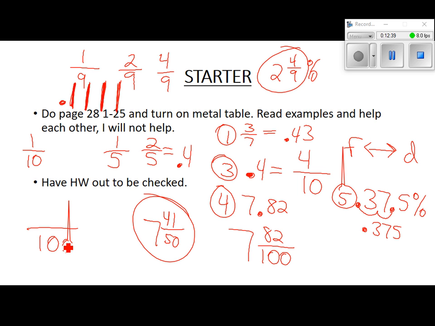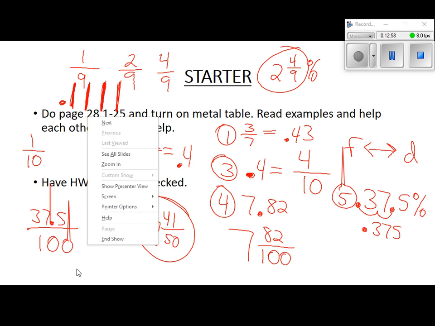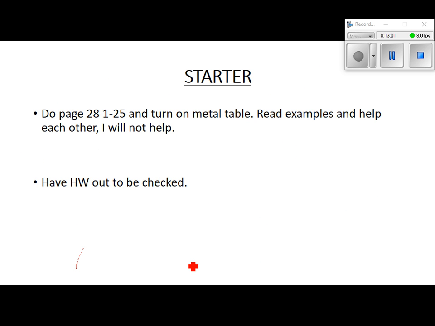So if I did this, 37.5%, that means 37.5 out of 100. If we wanted to change that into a fraction, let's do an easy one.